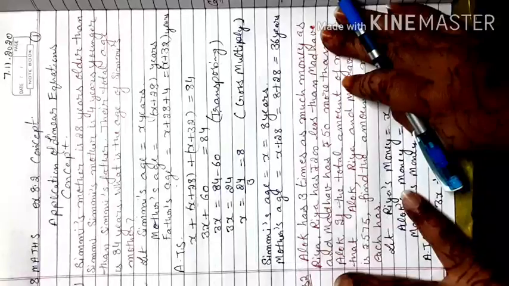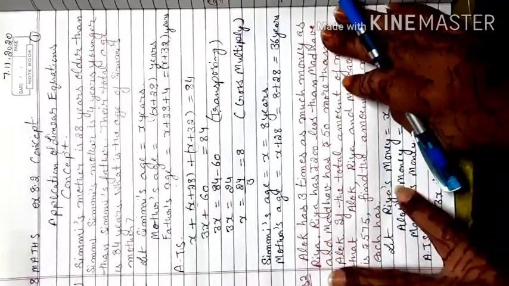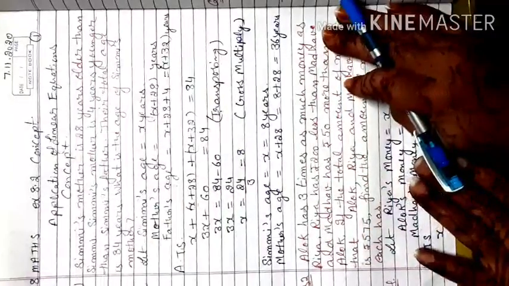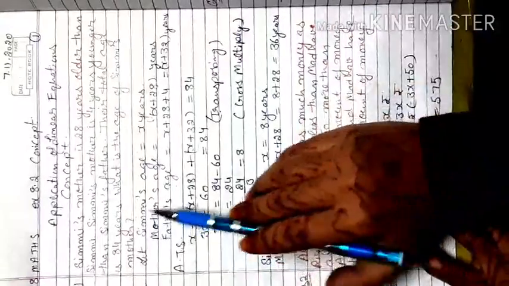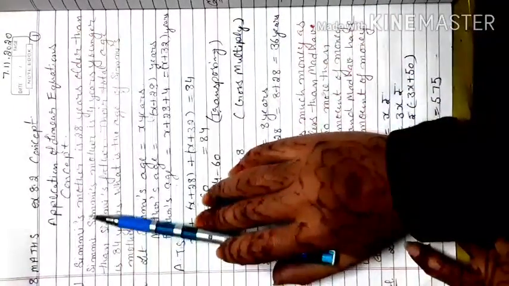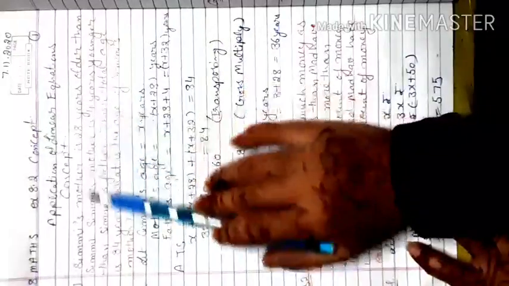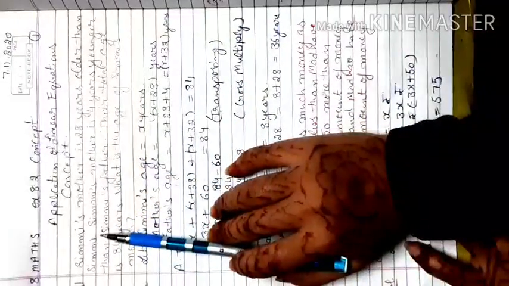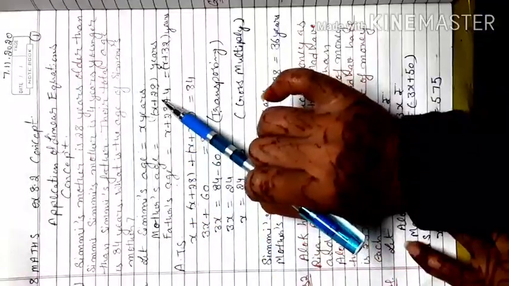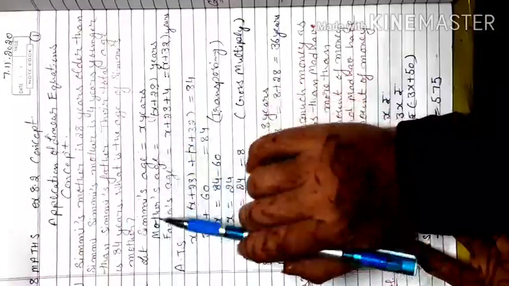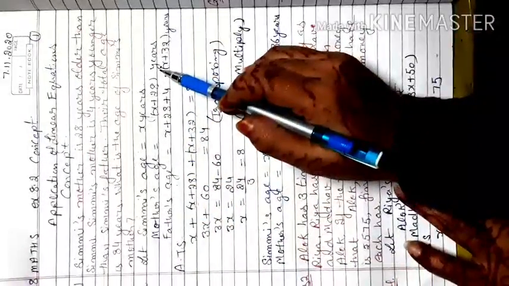Because everything is moving around Simi's age, first we consider Simi's age is equal to x years. Then it is written in your question, Simi's mother is 28 years older than Simi. So whatever Simi's age is, if we add 28 years to Simi's age, that becomes the mother's age.